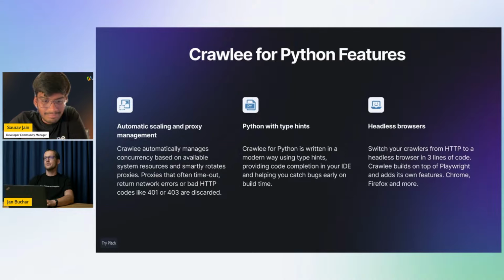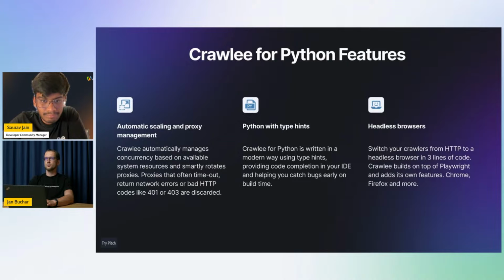So I already mentioned the automatic management of concurrency. Well, let's say it's pretty difficult to accurately say how many scraping processes should run in parallel.